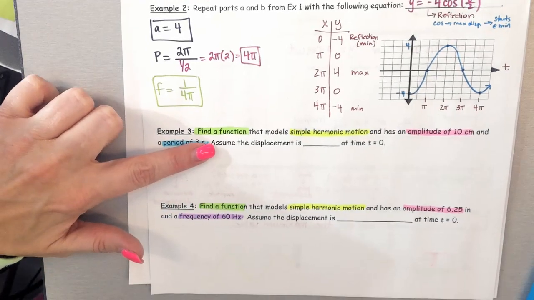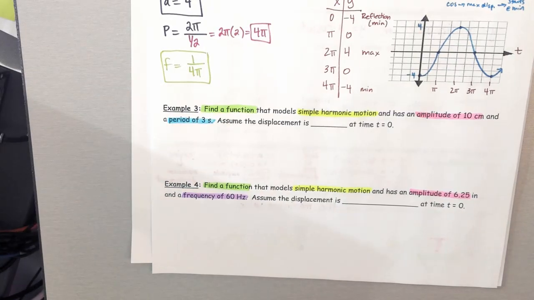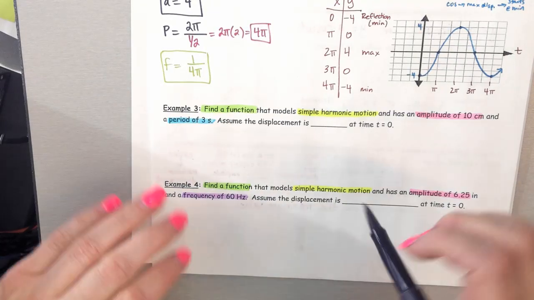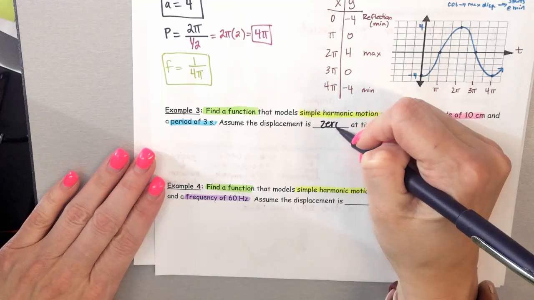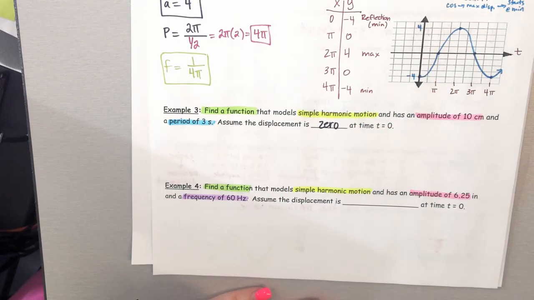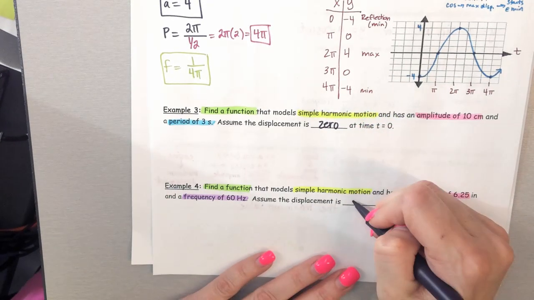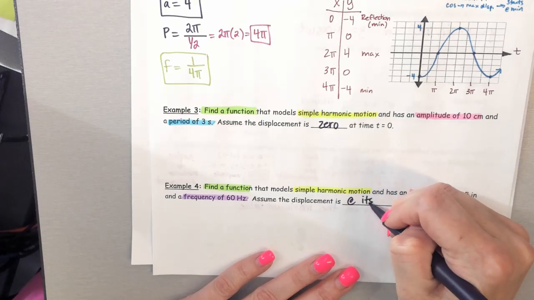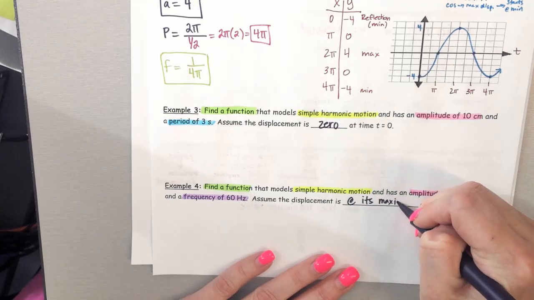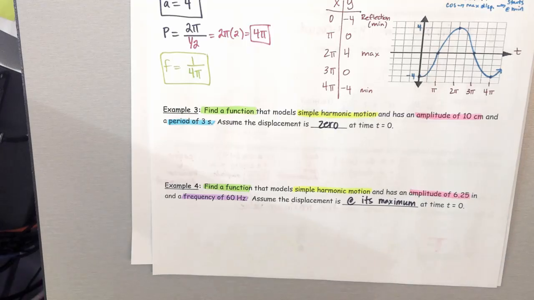One of them assumes the displacement is at 0 at the time t is 0, and the other assumes it's at its maximum. So I want you to think for a minute about why they tell you that last thing and why you need that in order to find your equation.